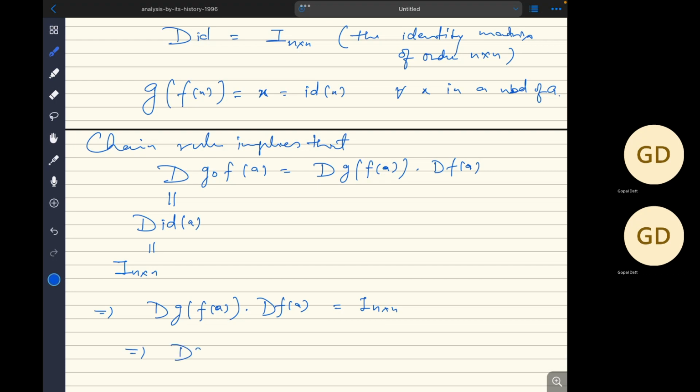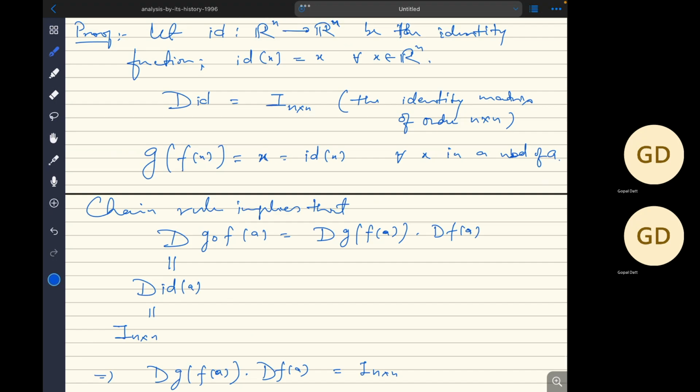So we get DG f a dot Df a is the identity matrix. From here, we get DG b is Df a inverse. So this is the proof, a very simple proof.